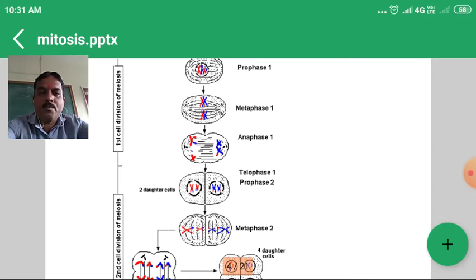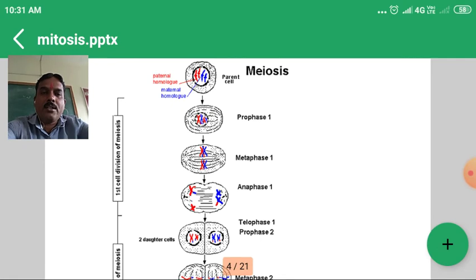In meiosis second, the equational division, the two haploid daughter cells formed by the reductional division divide equationally, and from those two, four daughter cells are formed at the end of meiosis, which are haploid in nature.